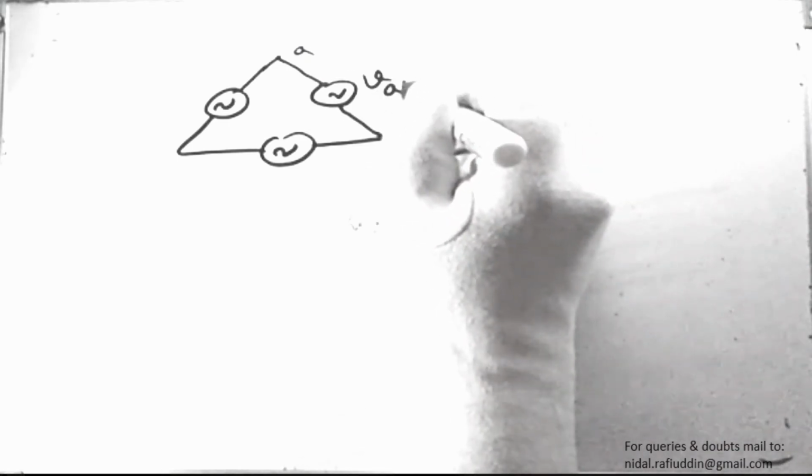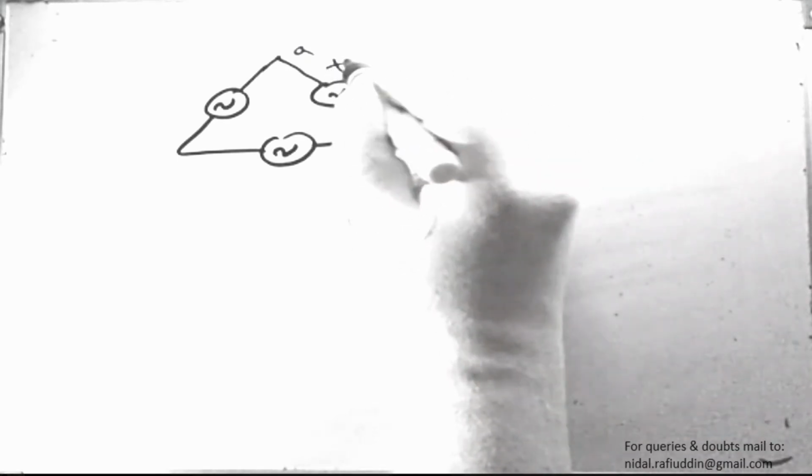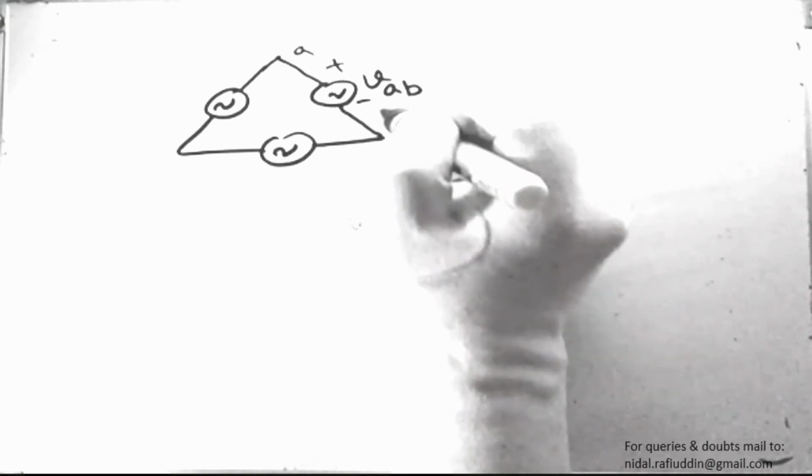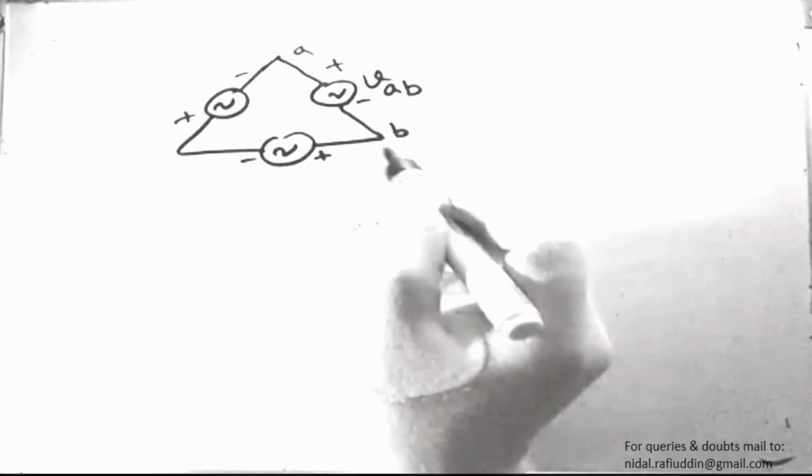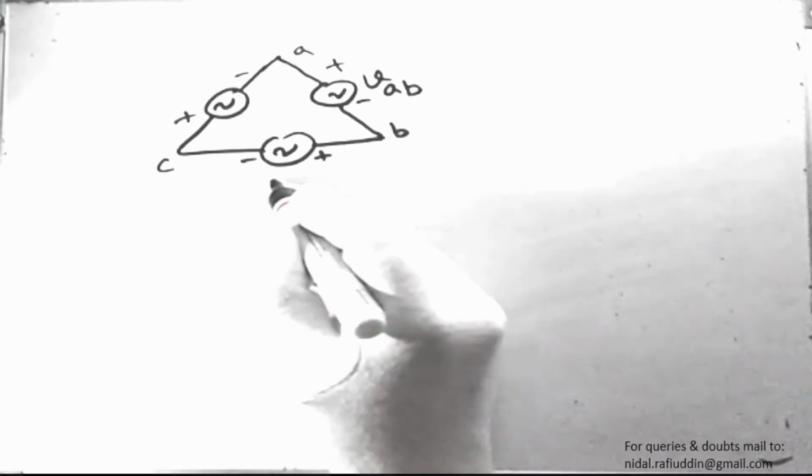Since we don't have a neutral in this case, if this is terminal A, this is B. The voltage that exists between these two terminals will be VAB. This is plus, this is minus, and the minus terminal of VAB will be connected here to the plus here and minus here, then plus here and minus here, and this is terminal C. This voltage is VBC, while this is VCA.